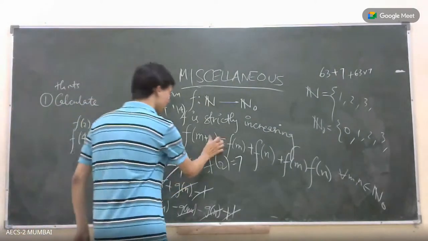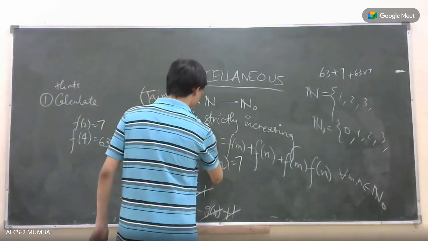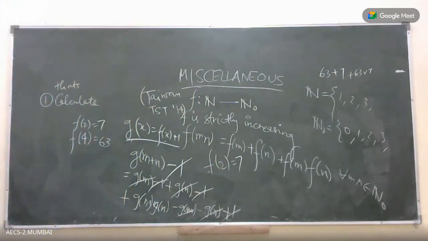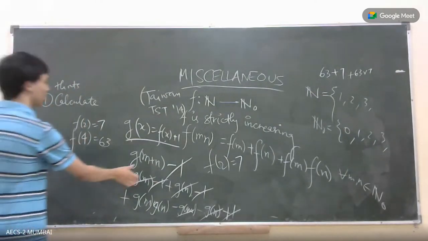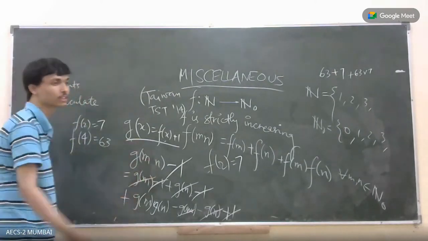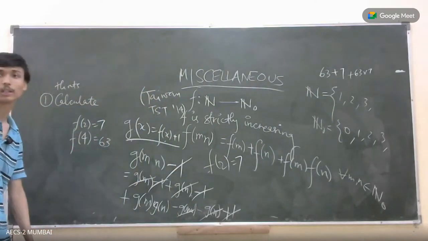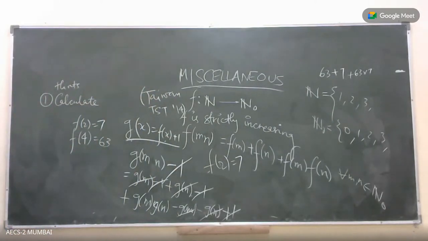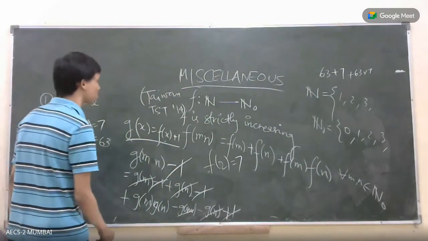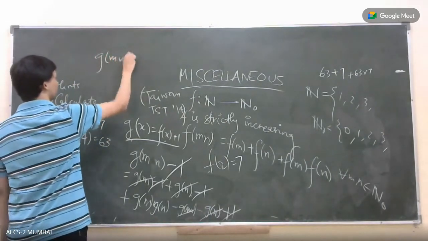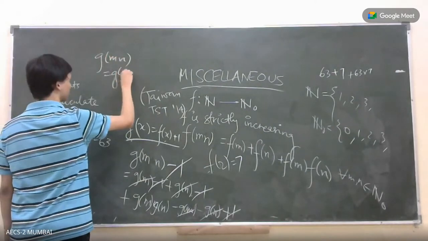Wait, I miswrote the equation. Sorry. So you get g of mn equals g of m into g of n.